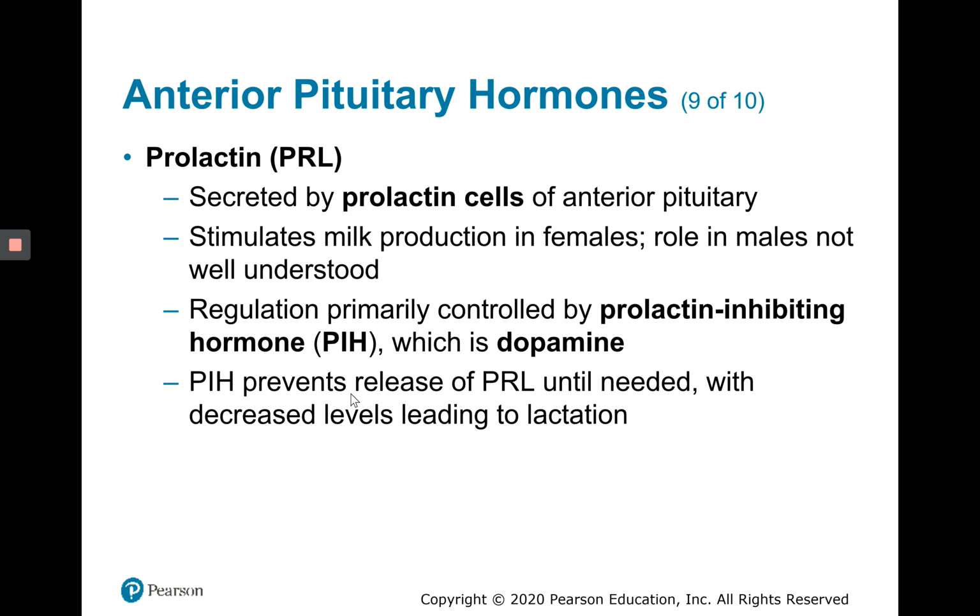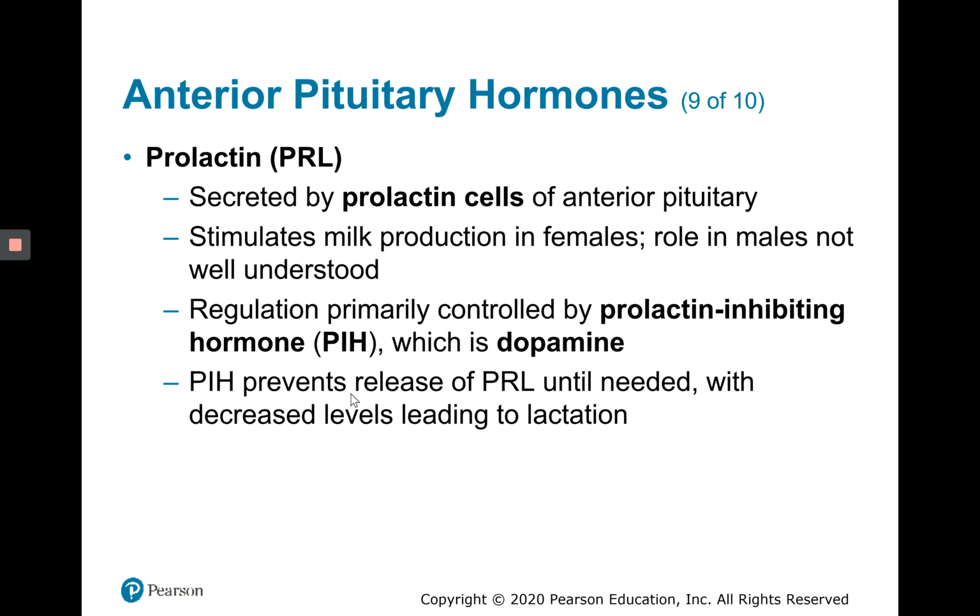Another anterior pituitary hormone is prolactin, abbreviated PRL. It's conveniently secreted by prolactin cells, also located in the anterior pituitary. Similar to oxytocin, it has to do with milk, but it's not milk ejection, remember, which was oxytocin. It's milk production in females. The role in males is not really well understood.